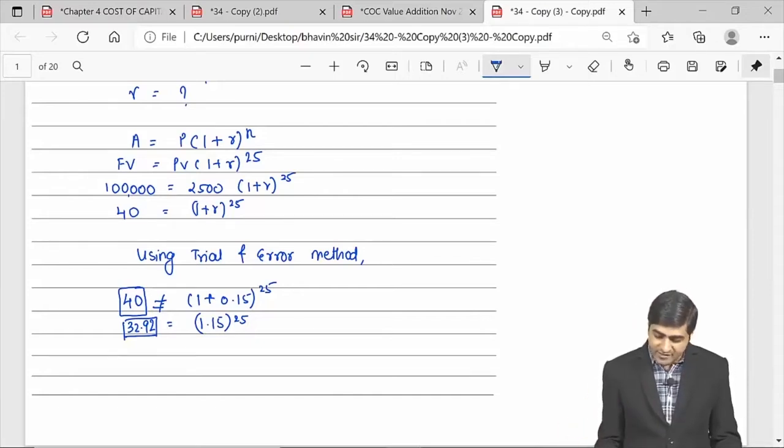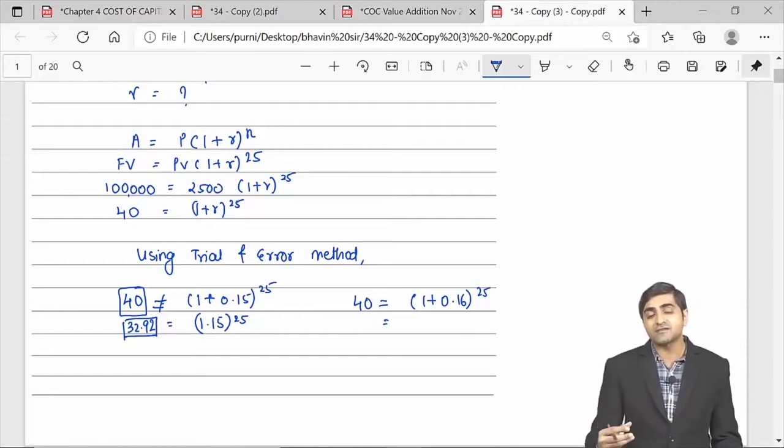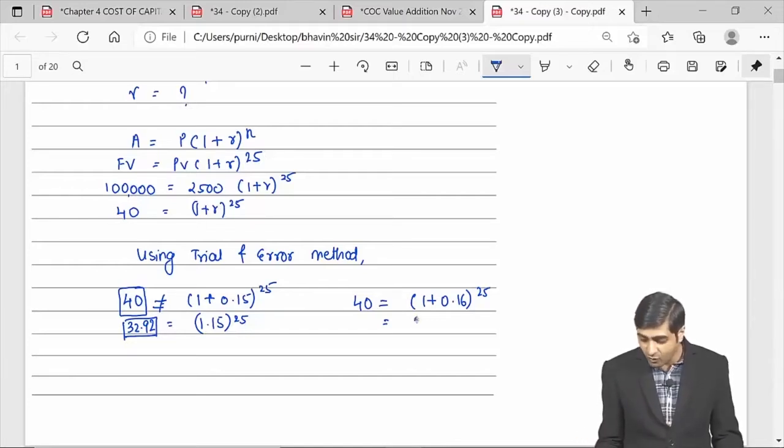Let us see whether we are getting 40 at 1 plus 0.16 raised to the power 25. Because if we are increasing the rate, then definitely this future value interest factor for 25 years will be more, and we want this to be 40. So let us just try 1.16 raised to the power 25.